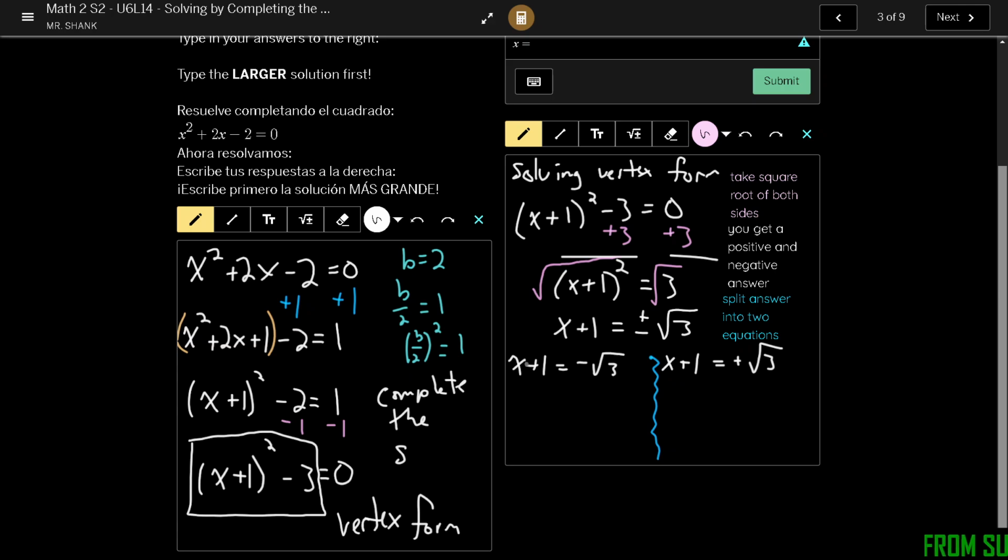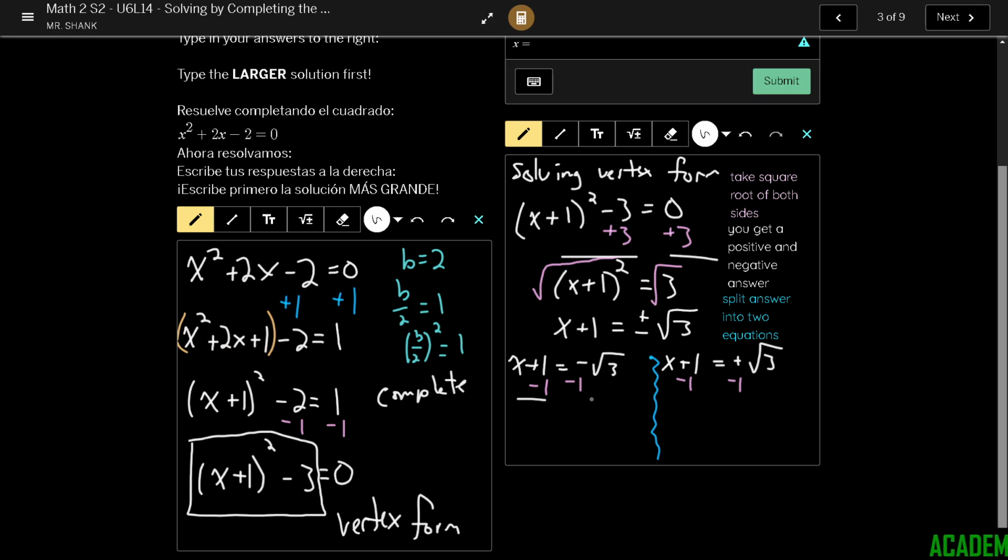Make sure you add the opposite to both sides, so that it gets rid of the term next to your variable. Since it's plus 1, I'm going to subtract 1 from both sides, and I have to do it the whole way across. Be mindful though, and this is another important part, please make sure you do not put these two together. The square root symbol is a grouping symbol.